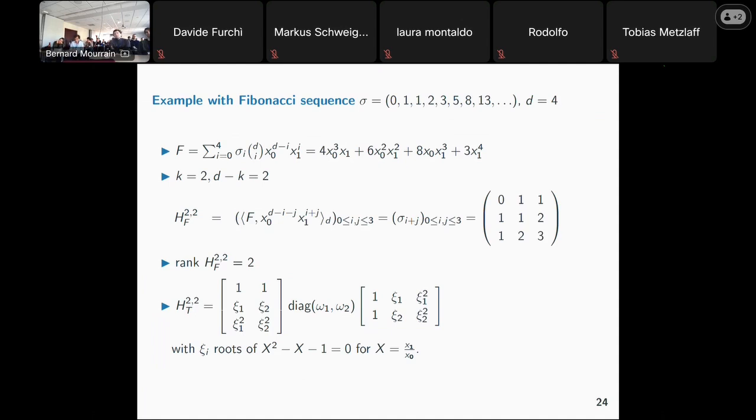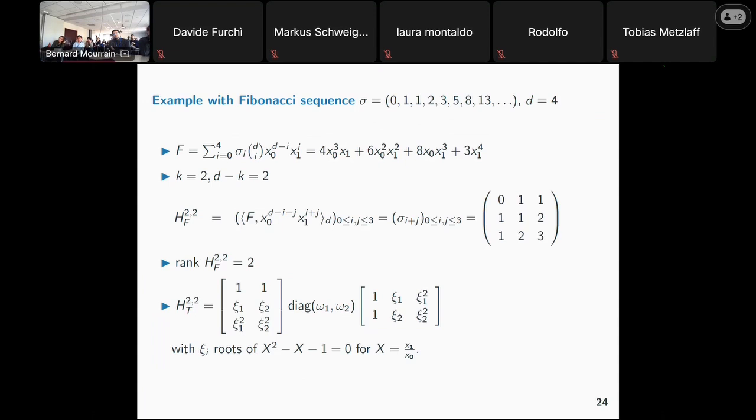We look at the Hankel matrix associated to the tensor, which by definition is σ_{i+j}, where i and j are indices. It's easy to see that when you take (-1, -1, 1), you have an element in the kernel. And this is exactly the recurrence relation we have between the terms of the sequence.